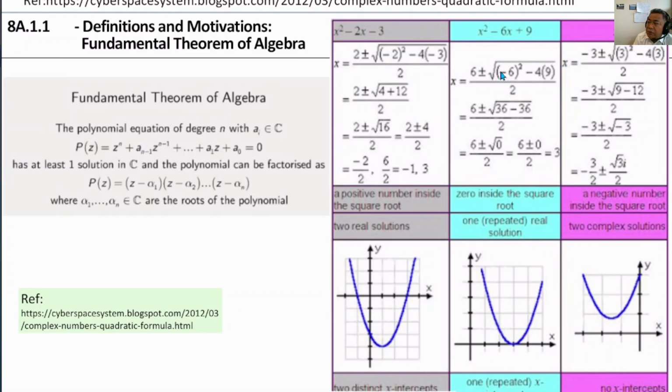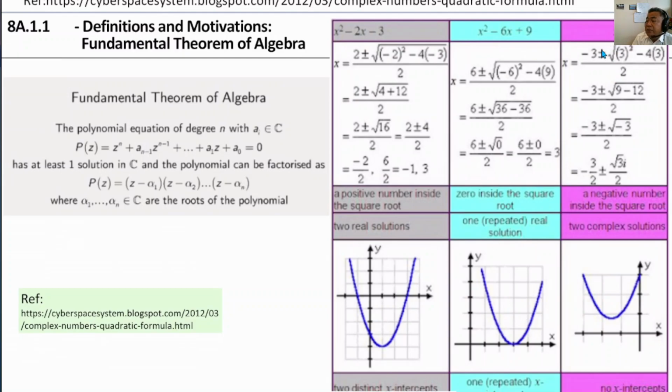In the square root, these terms become equal: 36 minus 36 equals 0. So we only have 6 plus or minus the square root of 0, which is 0, and therefore the answer is only 3. There's only one x that will solve this equation. It's called a repeated root sometimes.